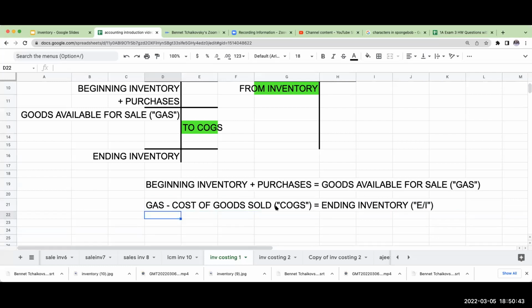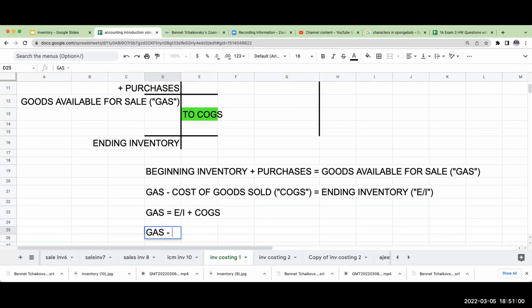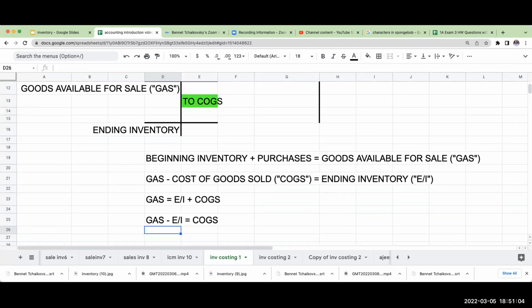What's going to become very important in these questions is that we can rewrite this multiple ways. If I add cost of goods sold to both sides, I get GAS equals ending inventory plus cost of goods sold. If I flip it, GAS minus ending inventory is equal to my cost of goods sold.